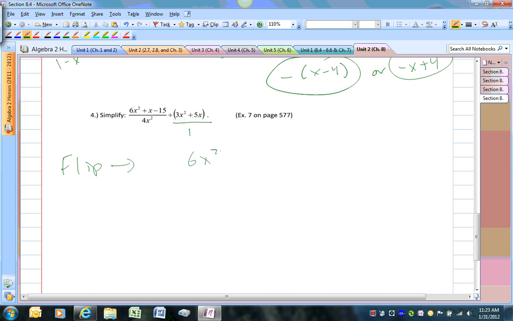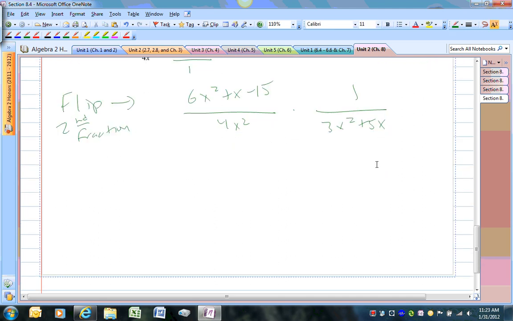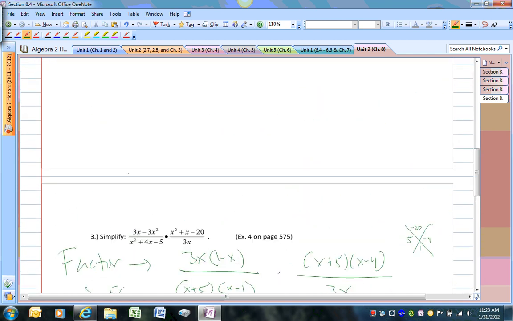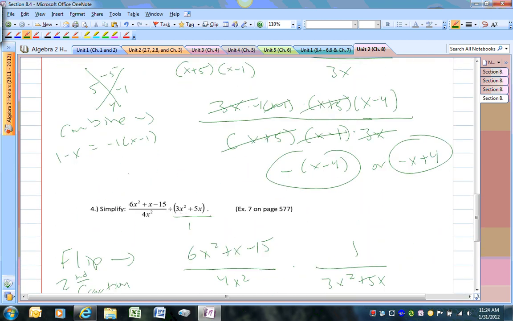So 6x squared plus x. So I'm going to flip the second fraction. Then we want to factor. So it's really number 4 is no different than something like number 2, or like number 3, actually.